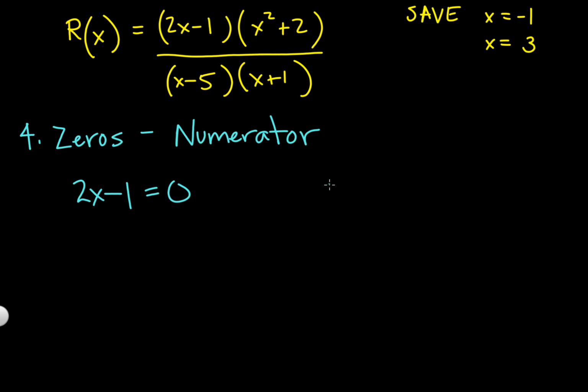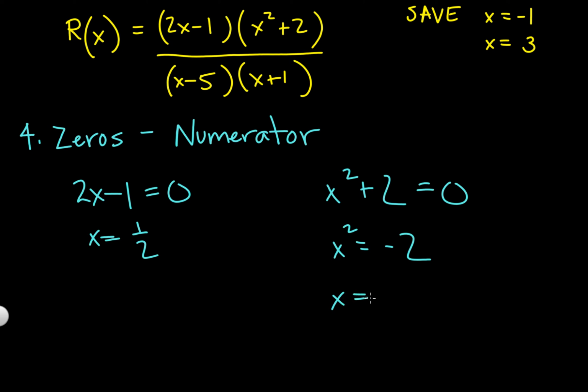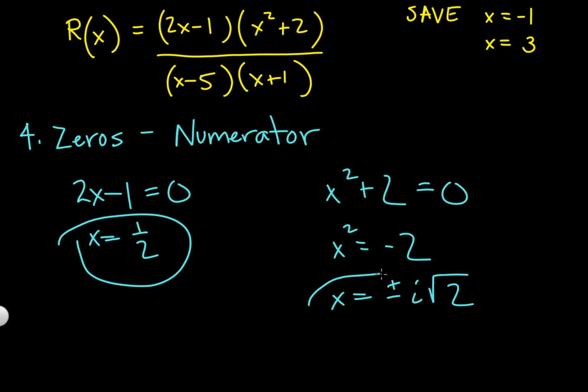What will make that 0? x squared plus 2. What will make that 0? So x will be equal to 1/2. And we've got x squared equals -2, or x will equal plus or minus i square root 2. So we have a zero here and a zero here.